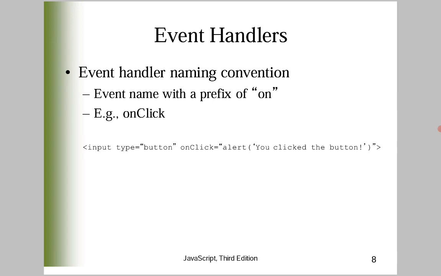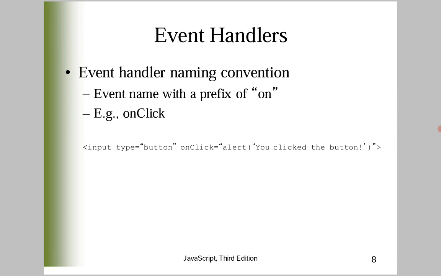So example is input type equals to button, onclick equals to within quotes alert message.